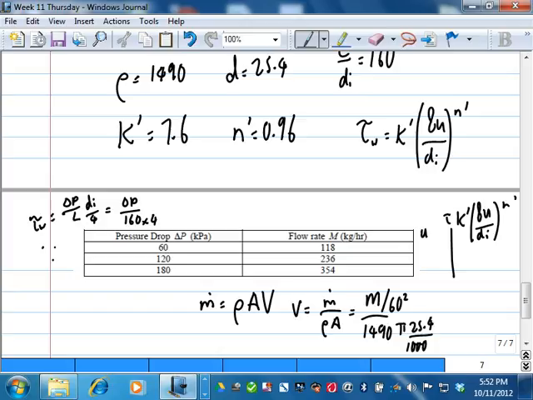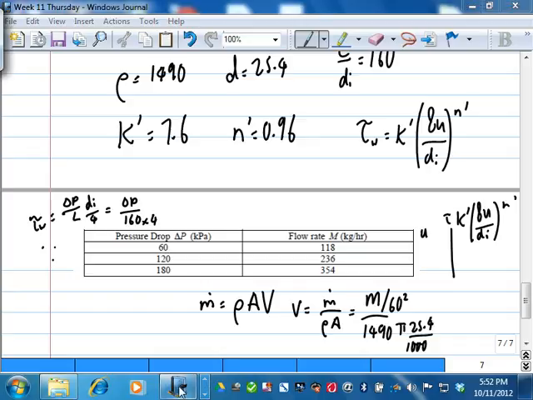If they match, it means the estimated values for K prime, n prime are good. If they don't match, the estimates are not good. Does that make sense? The shear stress on the wall can be measured and can be predicted using K prime and n prime. That one is measured, this one is predicted using K prime and n prime. If the measured matches the predicted, that's a good value for K prime and n prime. And also, for this particular fluid, K prime and n prime are quite constant.